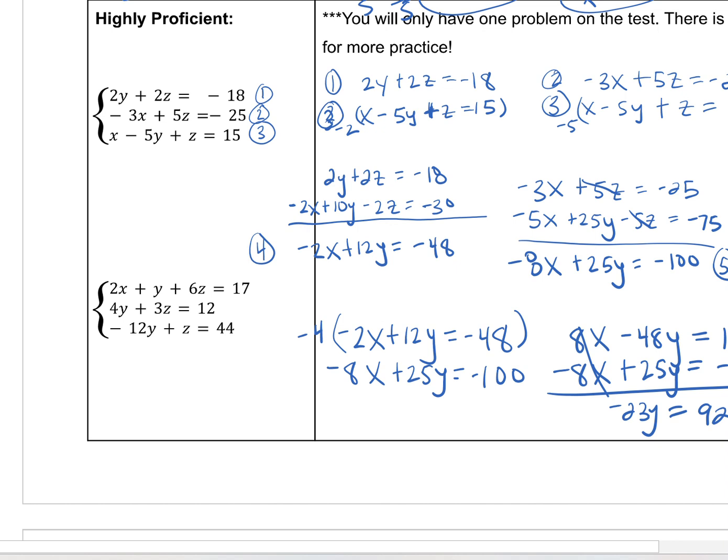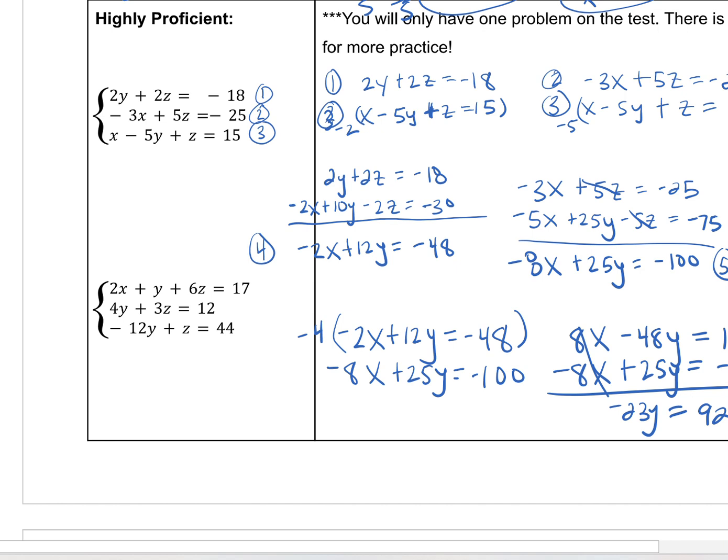Okay, so we put two equations together, eliminated z, two different equations, eliminated the same variable, which was z, and then our new equations 4 and 5, we put them together and solved for one of the variables. So we got y equals 4. So now that I know y is 4, I'm going to plug that number back into my new equation, either 4 or 5, okay?